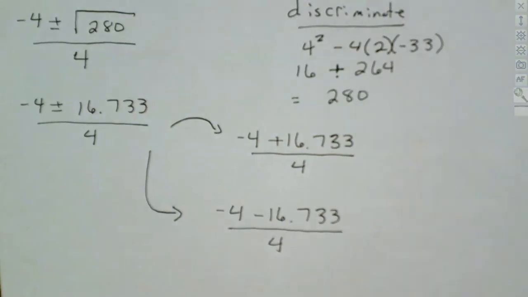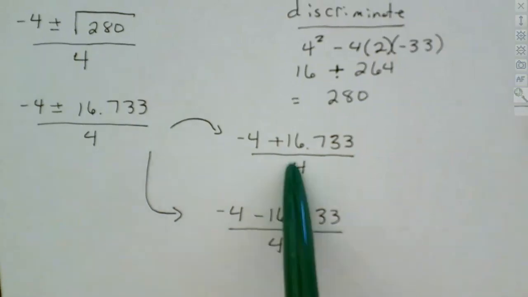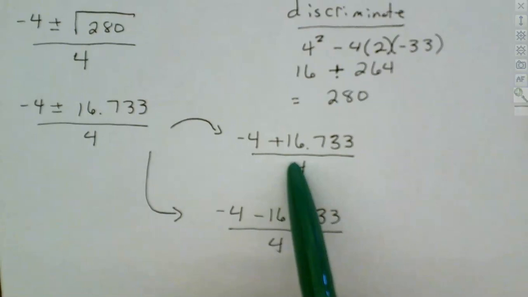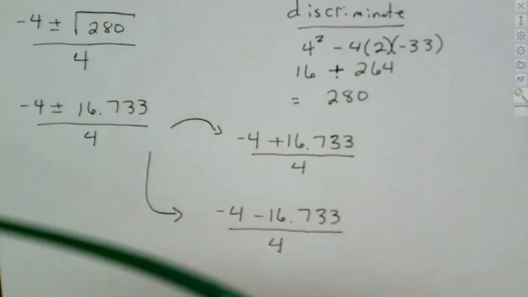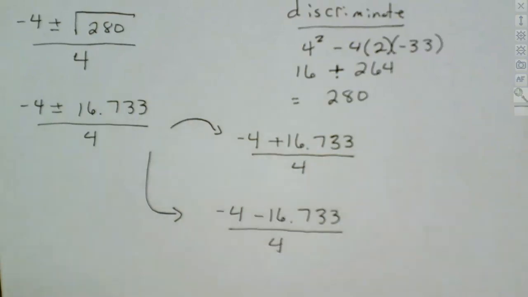We don't have to work both of these out. We are looking for time. Can time be a negative number? No. This one's going to come out to be positive, isn't it? Because minus 4 plus 16, if I just look at whole numbers, is 12. So positive 12.